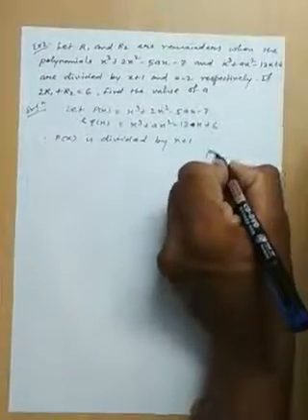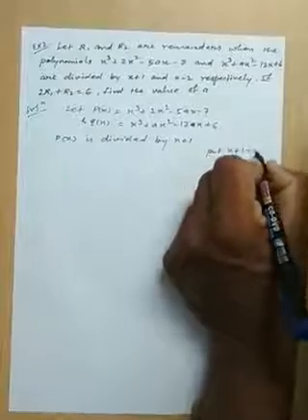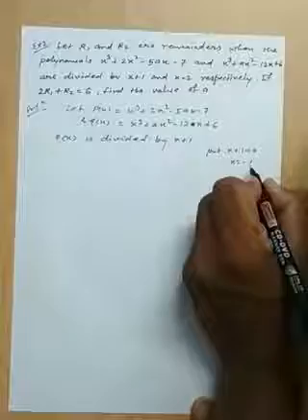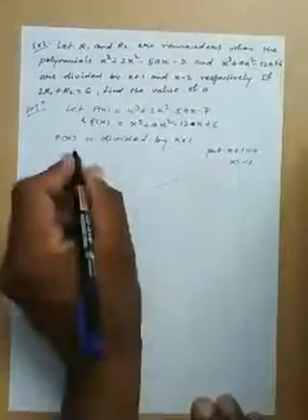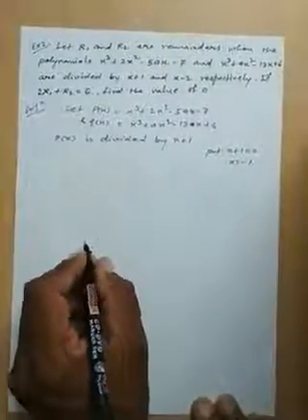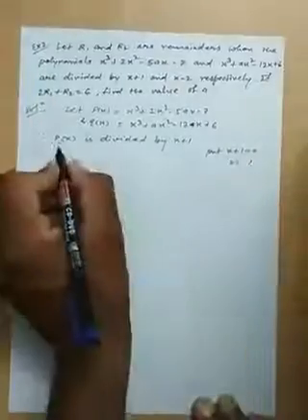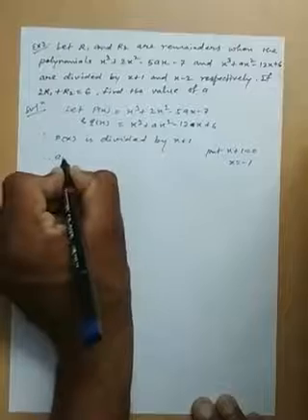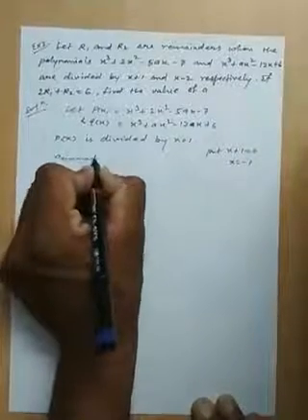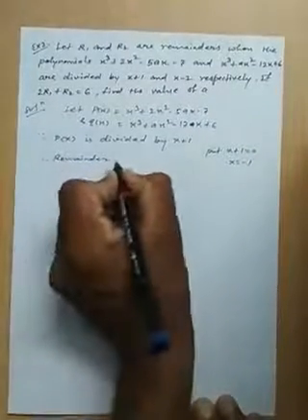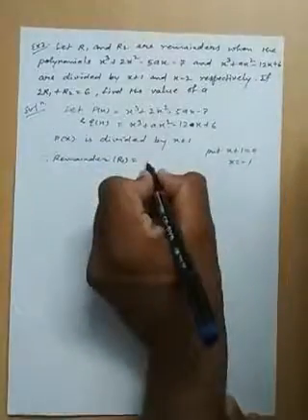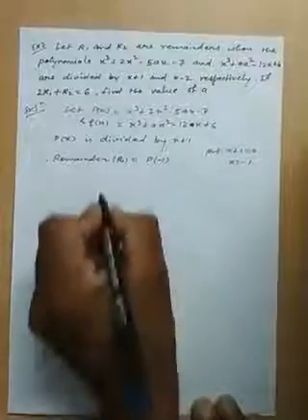For finding the 0, put x plus 1 equal to 0. Then x equal to minus 1. Minus 1 is the value of 0 for this polynomial. And if we put x equal to minus 1 in Px, then we will find the remainder. Therefore, the remainder, which is R1, is equivalent to P of minus 1.